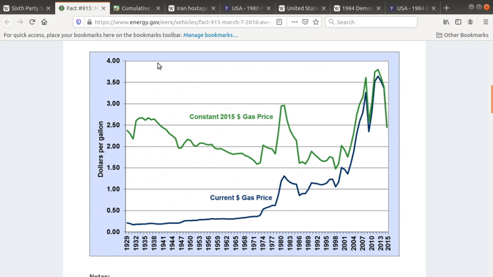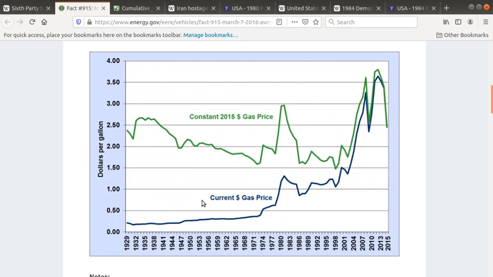First, we have a graph from energy.gov. It shows gas prices since 1929. We have current and constant 2015 prices, so that means this is all in 2015 dollars, because if you didn't know, a dollar in 2015 is not the same as a dollar in 1929 because of inflation.